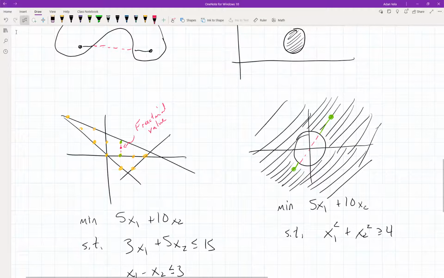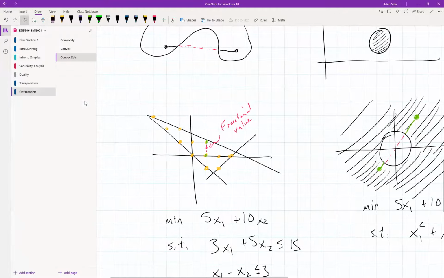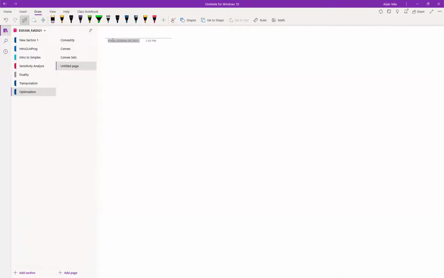All right. The first thing that we want to do is go back and relate this to what we've done before. We can talk about, well, what about linear equations? Are those convex? Well, it ends up that they are.